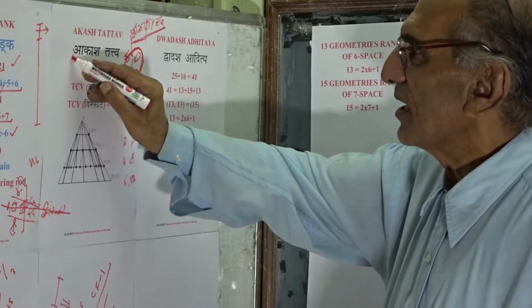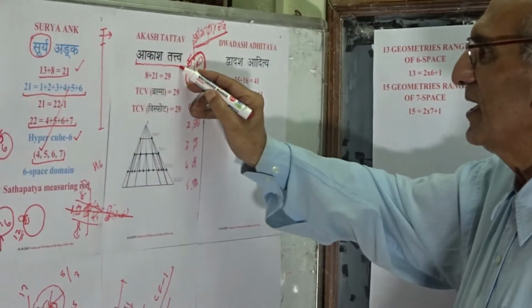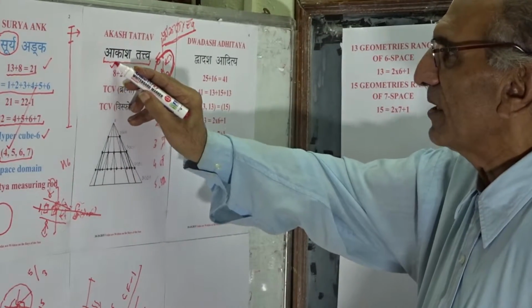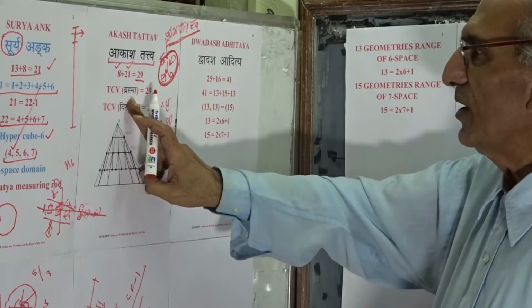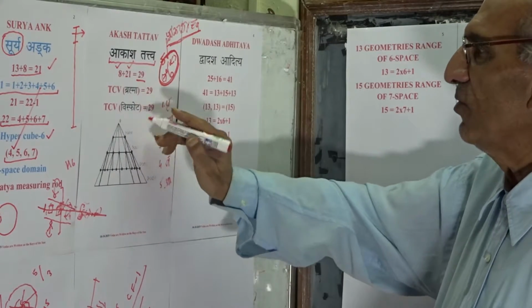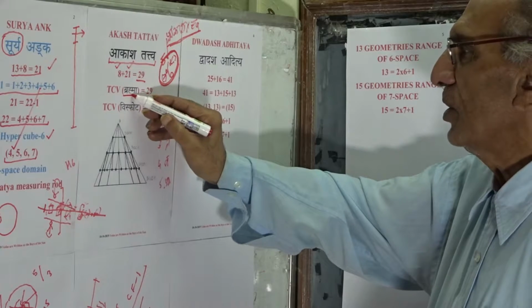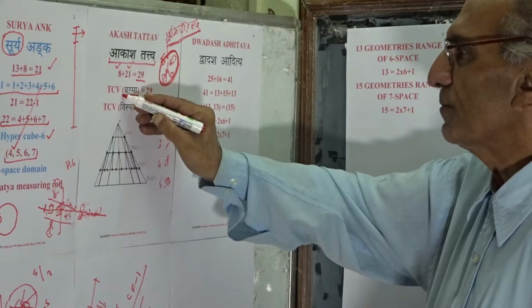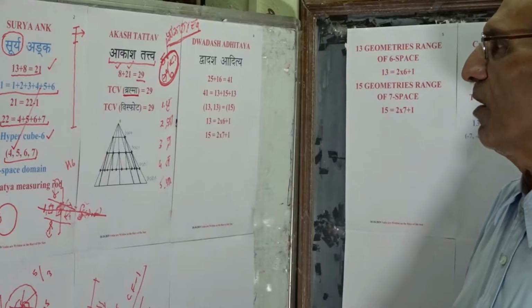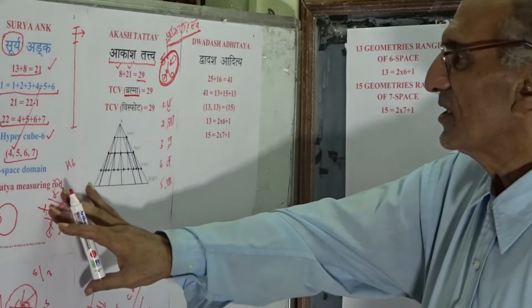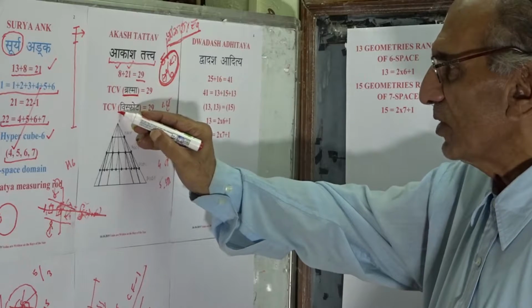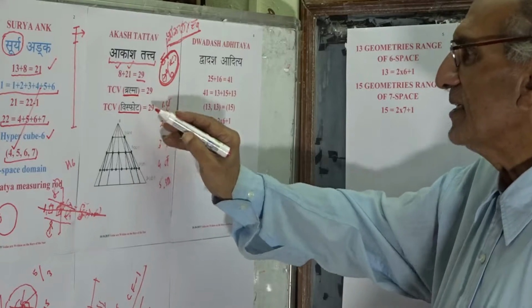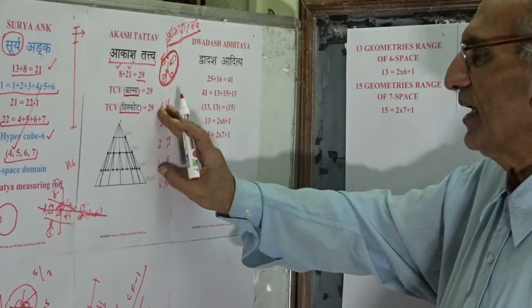Now formulation Akash Tattva leads us to TC value 8 plus 21, 29. We know value 29 is the value of formulation Brahma, the overlord of real 4 space, which is in the role of dimension of 6 space. Further, we know that formulation Visphot is also of TC value 29.